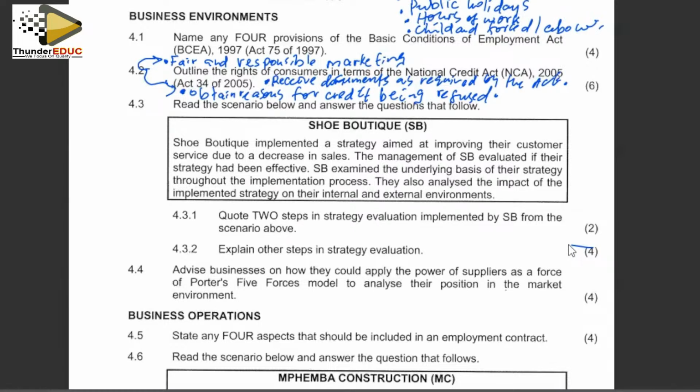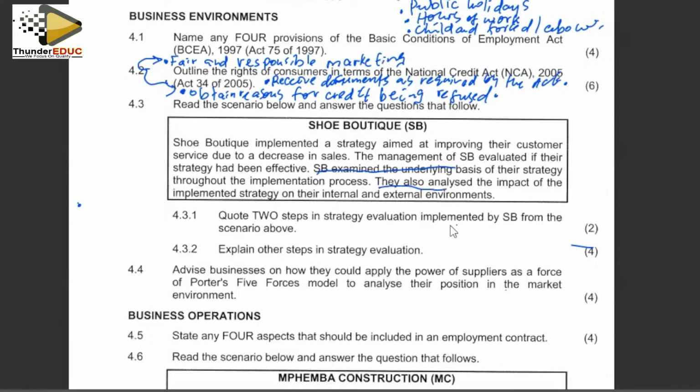Also, SB examined the underlying basis of their strategy throughout the implementation process. Okay, right. So now let's check what we have here. We are saying that at one point is this one, SB examined, and also the last sentence they also analyzed.